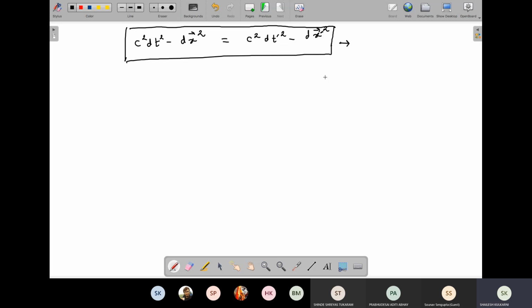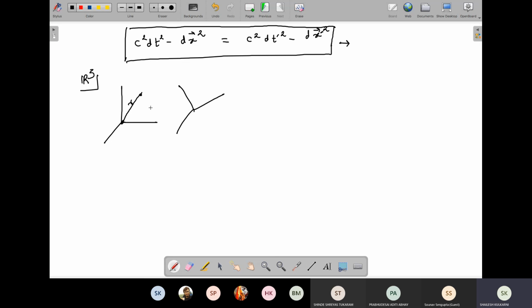Let us go back to R3. In R3, we usually say that the distance between two points, say the origin and a point P, say R, should not change if I rotate this frame, right?